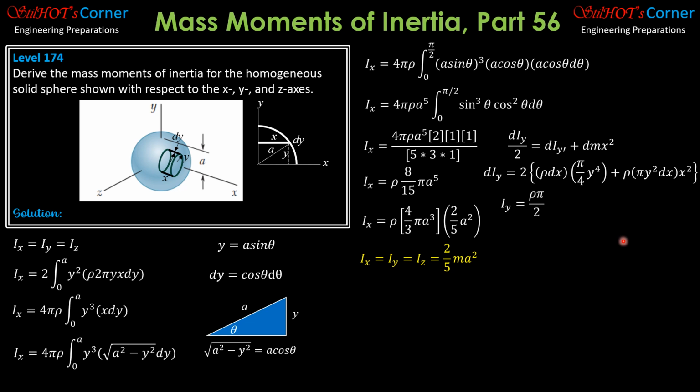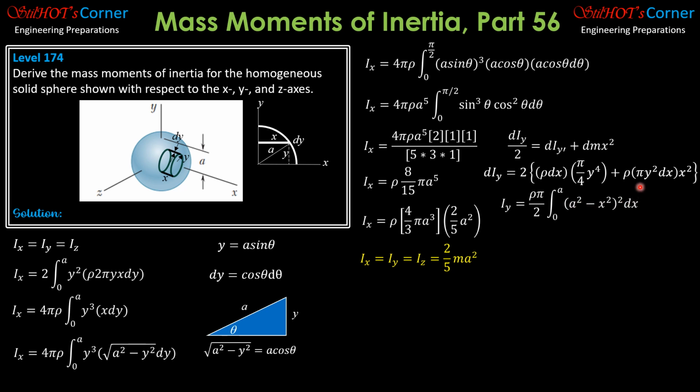So simplifying, Iy equals rho pi over 2 integral 0 to a of y squared, which from this figure is a squared minus x squared. Since this is y to the fourth, it's like a squared minus x squared quantity squared. That's y to the fourth because this is y squared.